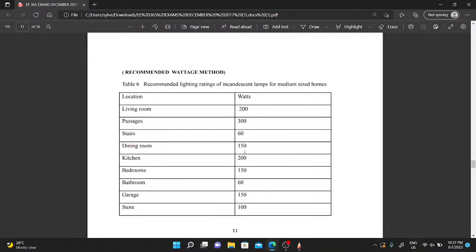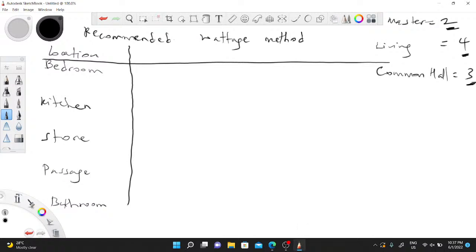So these are the power ratings for incandescent, as given in the table. Check whether the values I'm writing are correct. Bedroom is given as 150, kitchen as 200, store as 100, passage as 300, bathroom as 60. So this is the rating for incandescent.